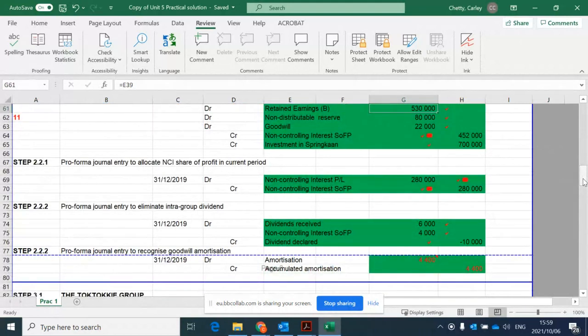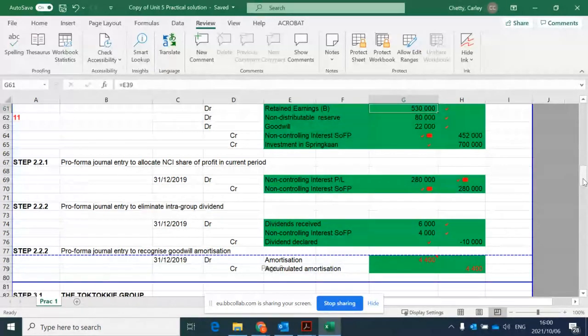Then the last component of that pro forma journal entry will be the journal entry relating to the amortization. Okay, so when we amortize goodwill, if you look at your consolidated statement of financial position, it doesn't show the accumulated amortization. So the accumulated amortization will be processed through retained earnings. So we also need to include in this journal entry the accumulated amortization amount of 4,400.